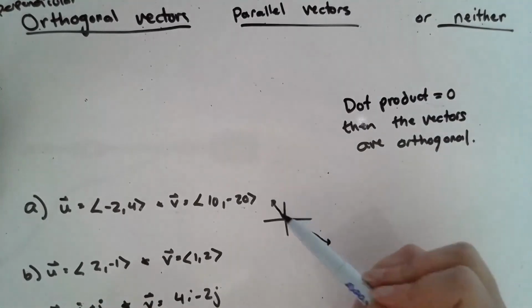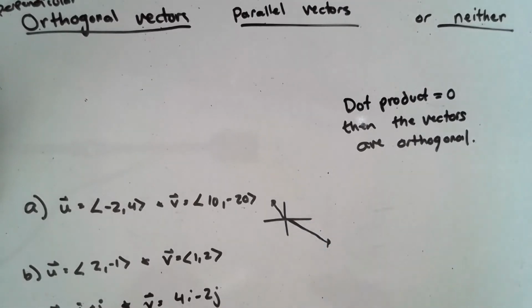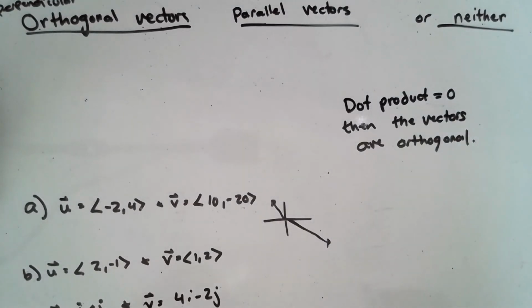If you look at these, what do we know about lines that are parallel and perpendicular? We know slopes. So if I think about the slopes of these vectors, I should be able to identify them as orthogonal, parallel, or neither. So slope is rise over run, the change of y over the change of x.